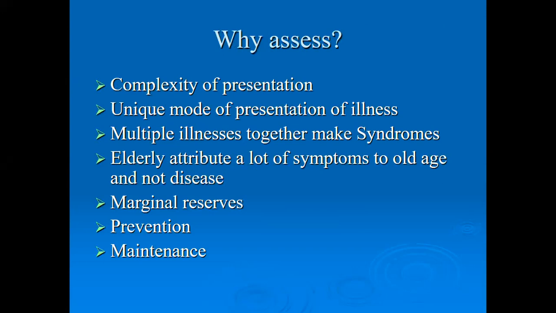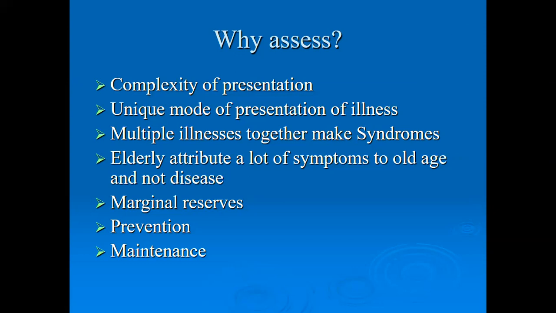So why assess? Because of the complexity of the presentation, maybe they're not a straightforward case. As we discussed, a patient who has suddenly developed irritability and decreased appetite, we may end up diagnosing him as UTI or pneumonia, although he or she doesn't have any urinary symptoms.